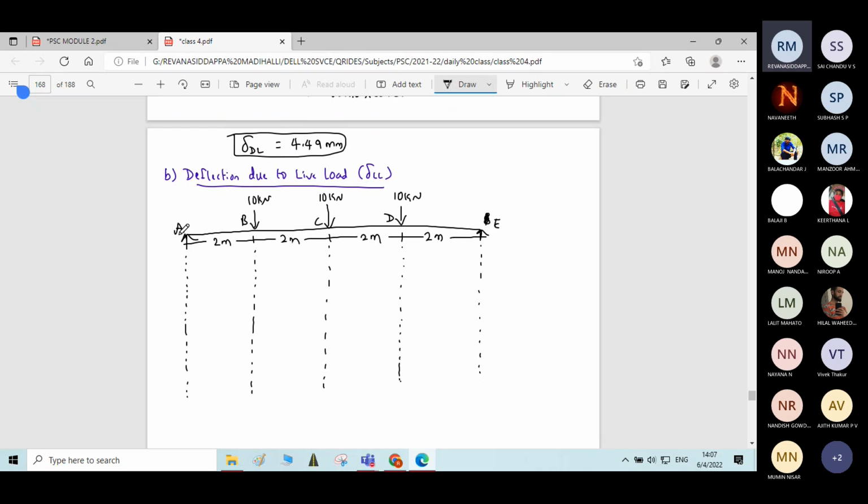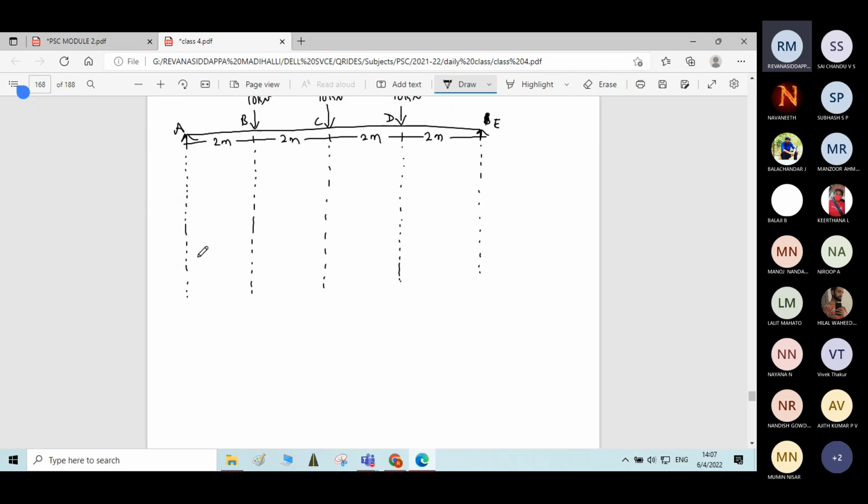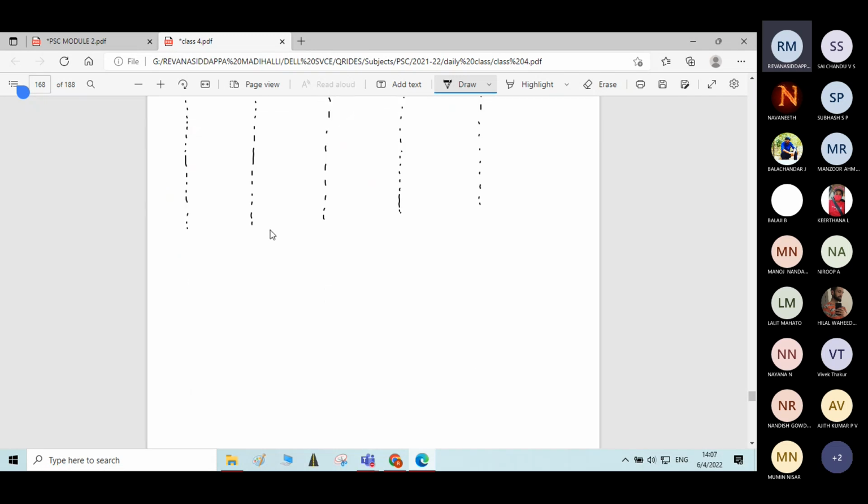If unequal loading is given, then you need to find reactions using the equilibrium equations, that is sigma Fy equal to 0, sigma MA equal to 0. Here the loading is symmetric. As the loading is symmetric, the reactions at A and E will be total load divided by 2.